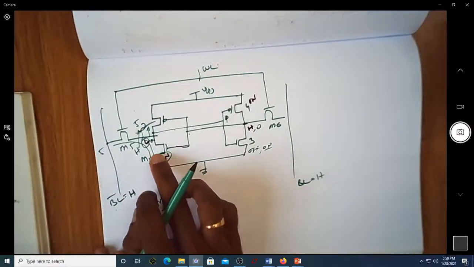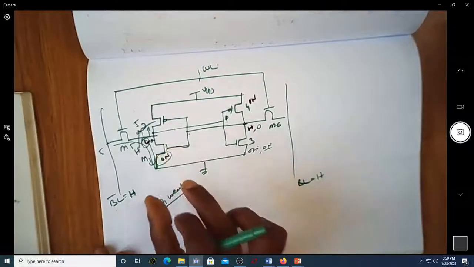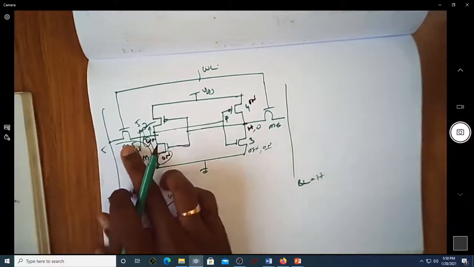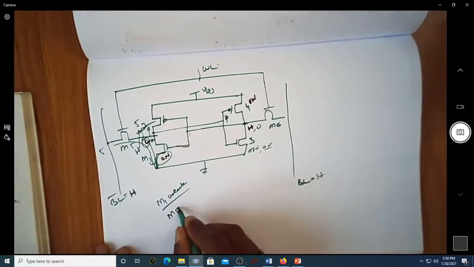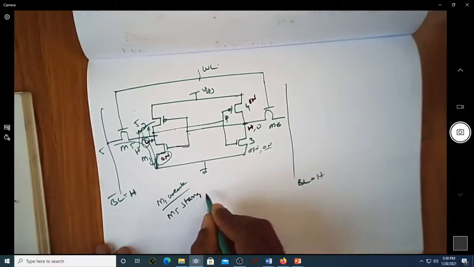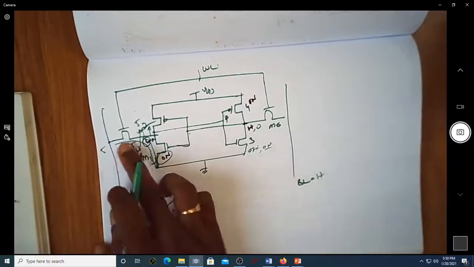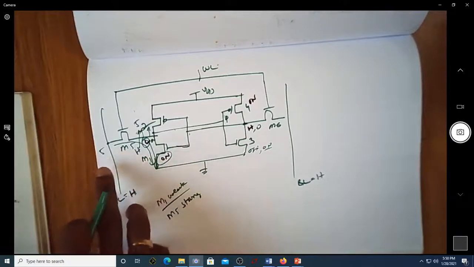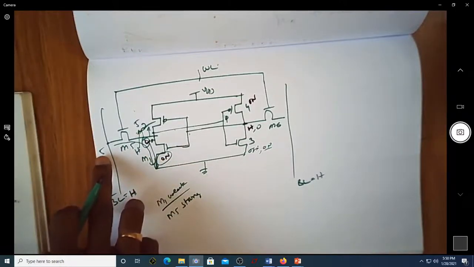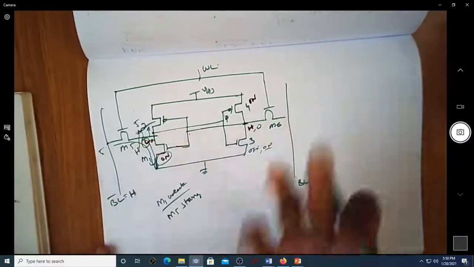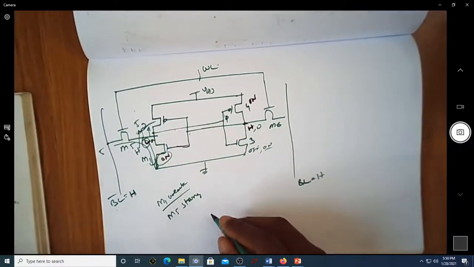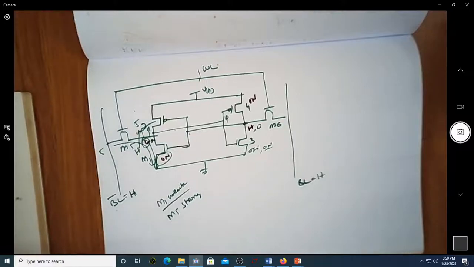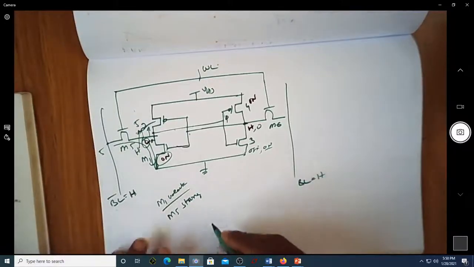Suppose the dimension of this transistor is very less, and the dimension of this transistor is more, meaning M5 is stronger than M1. Then you are actually writing this logic 1 to this instead of reading. Now you are trying to write. This is called writing 1 into the cell.